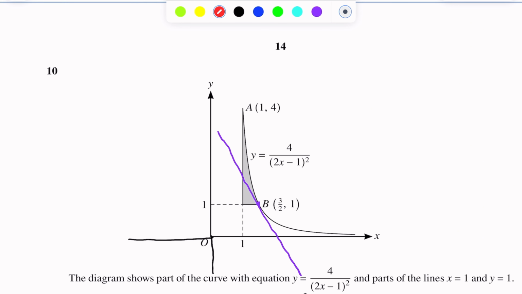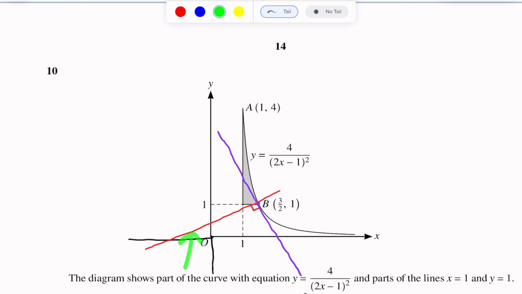So this line is the tangent and this is the normal. This angle is right because tangent and normal are perpendicular to each other.